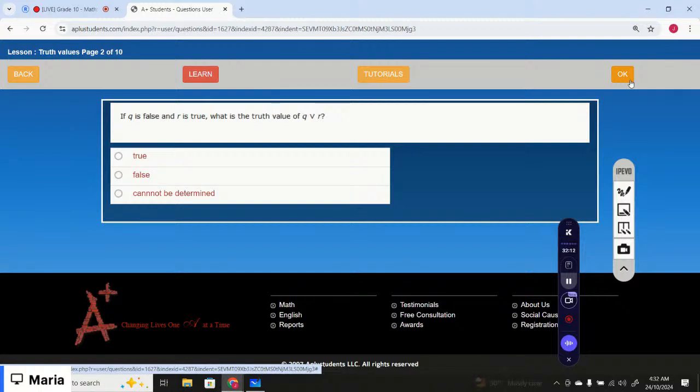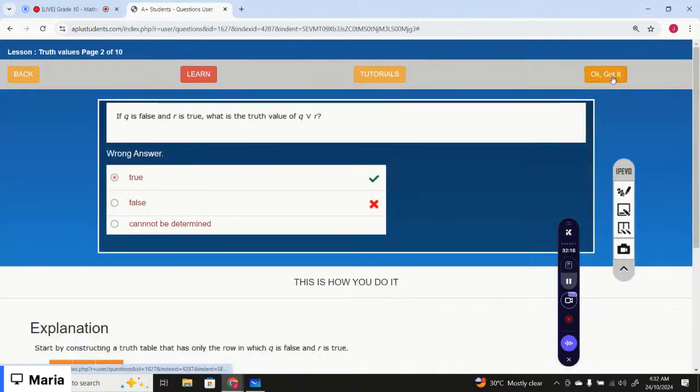Q or R is true because R is true. If one of them is true, then the answer is true.